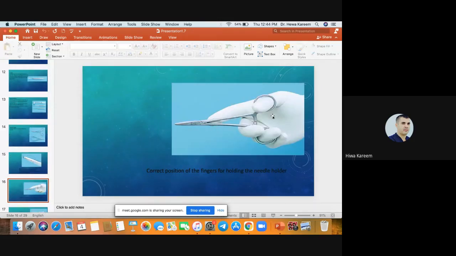This is the correct position to hold the needle holder. The thumb goes inside one ring and the ring finger inside the other ring. The other fingers turn around it.